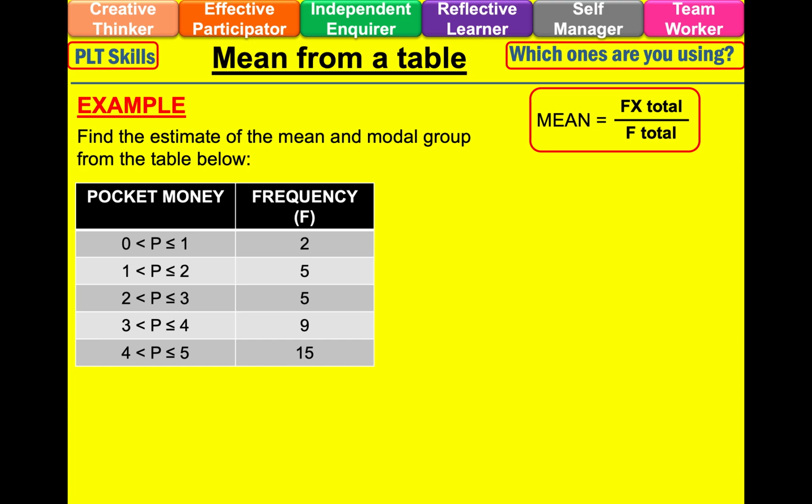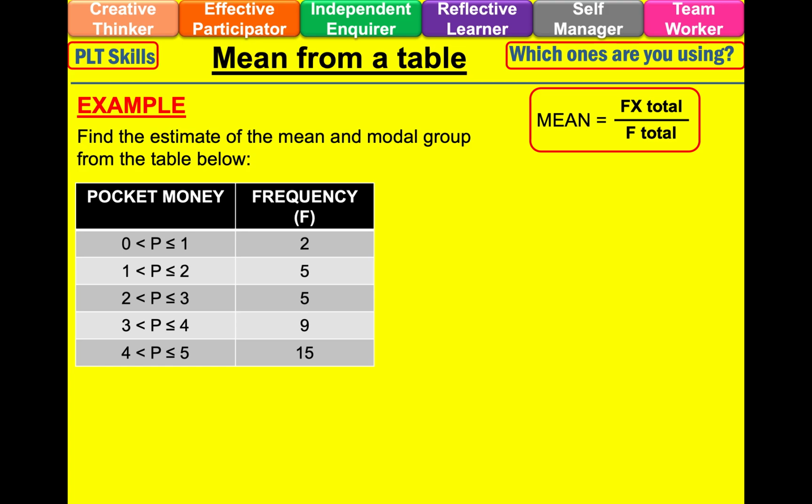Okay, I'll explain. In front of you, you have a data set with pocket money and frequency. Pocket money goes from value 0 smaller than p, where p is pocket money, smaller than or equal to 1. So it goes from 0 to 1. The next data set goes from 1 to 2. The third one goes from 2 to 3, then 3 to 4, then 4 to 5. Frequency is how many times it occurs.